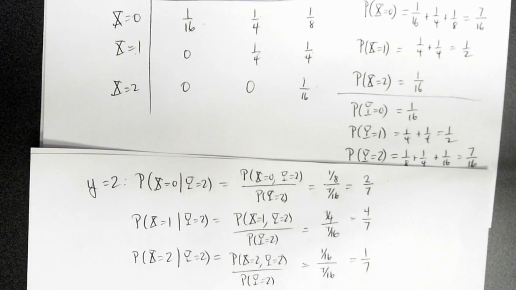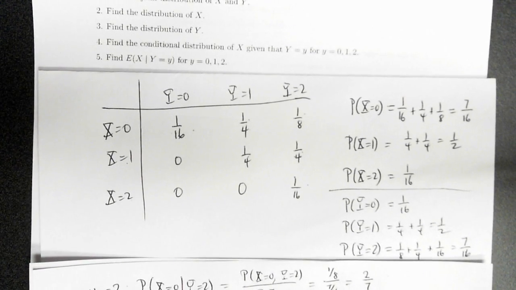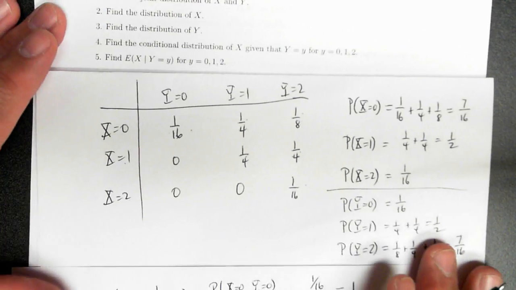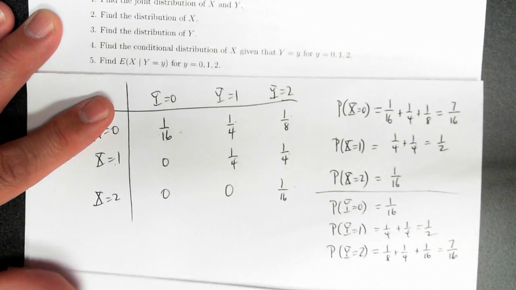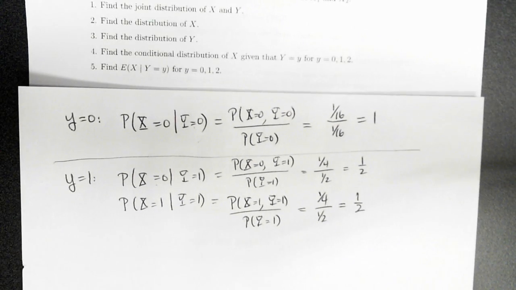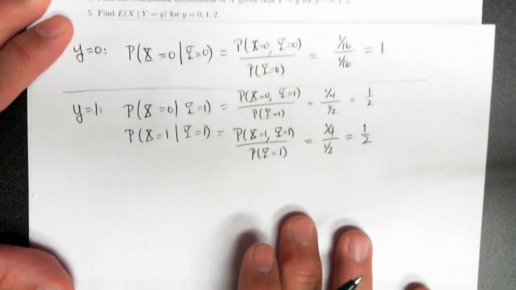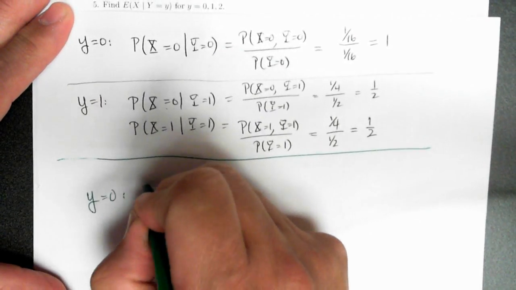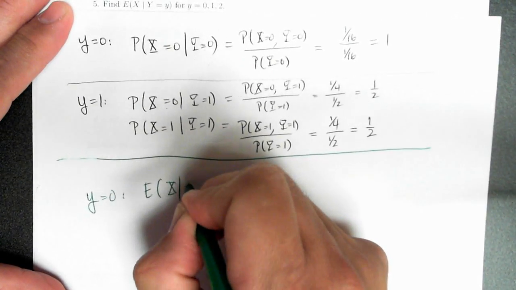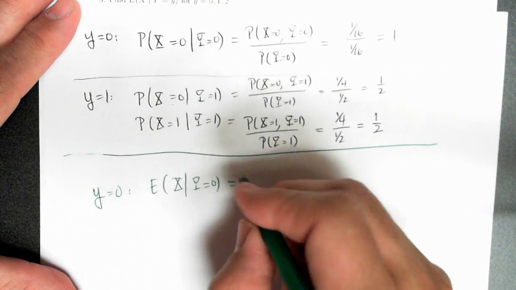The last part of the problem asks us to find the expected value of x given that capital Y is equal to y. So let's just go back to our work that we had before. Now that I've got the conditional distributions, I can just simply look at them. So for part 5, if y equals 0, then the expected value of x given that y equals 0, well, there's only one possible value of x, that's 0.